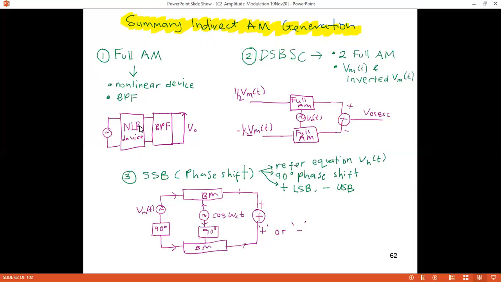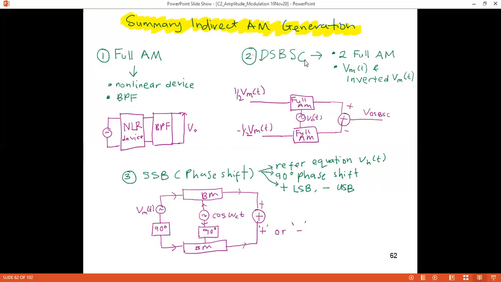After the nonlinear device, it will produce not only the full AM signal but also the DC voltage and the higher harmonics. So if we have our band pass filter tuned at FC and with bandwidth of 2 FM, then all other components that we don't want will be removed.